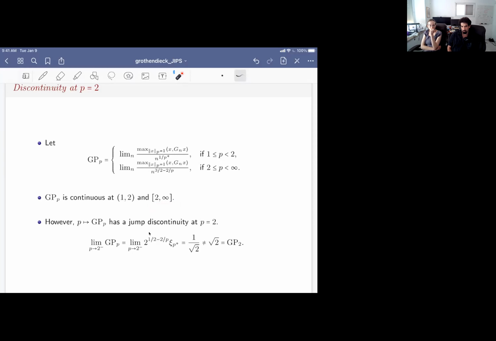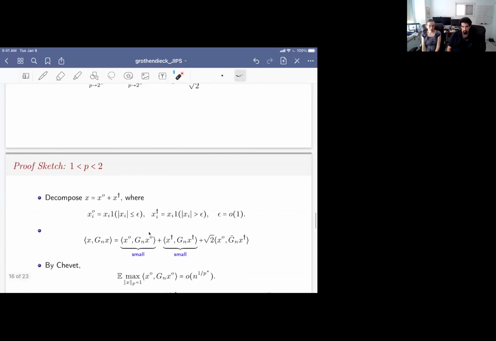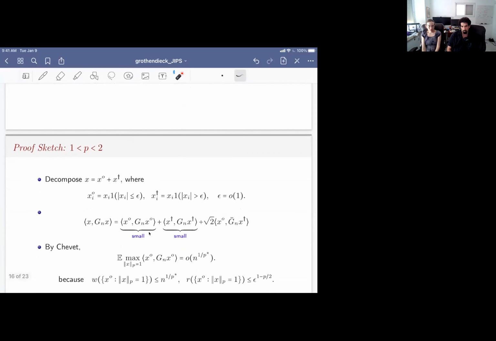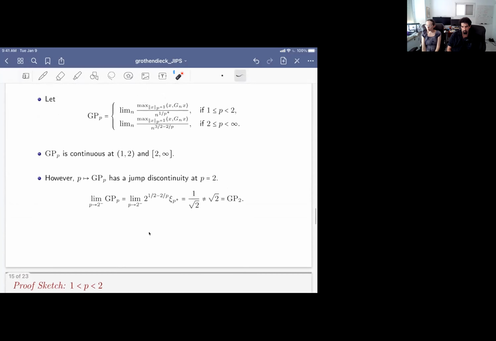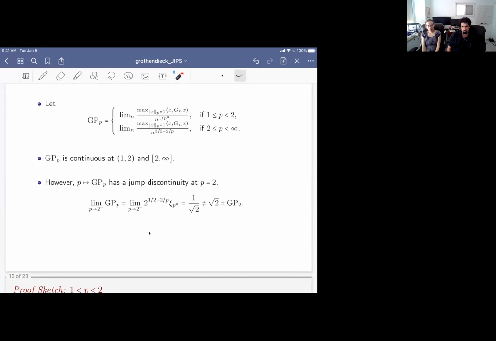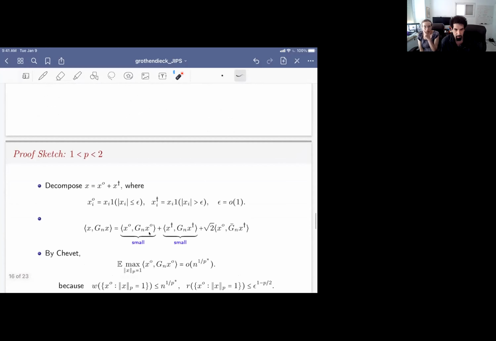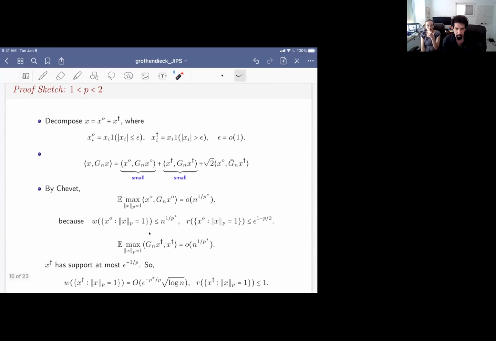But this limit has a jump discontinuity at p equal to 2. The limit is right continuous at 2. Maybe I can pause for a second for questions, because now I want to give you the proof sketch when p is between 1 and 2.